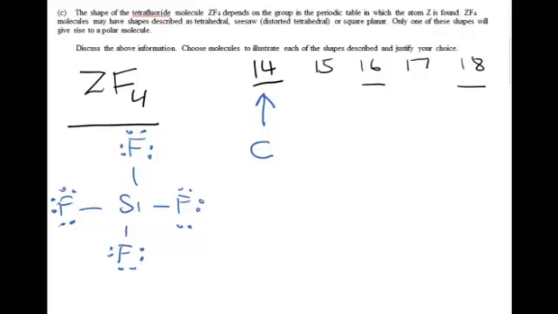If we were to change this to a seesaw shape, that means we're going to have this based on 5 pairs. So if we've got 4 bonding and 1 non-bonding, that means we've got to have 6 electrons around the central atom.